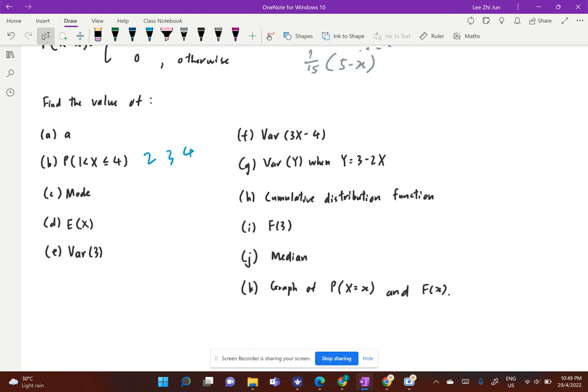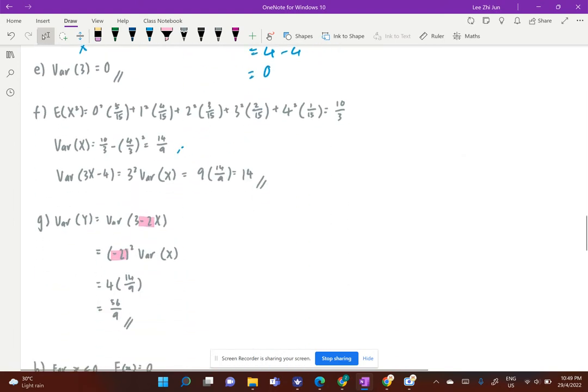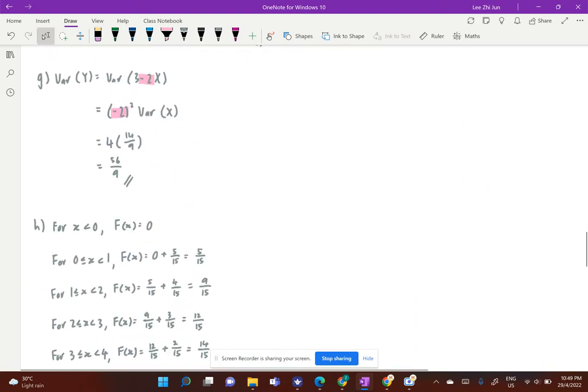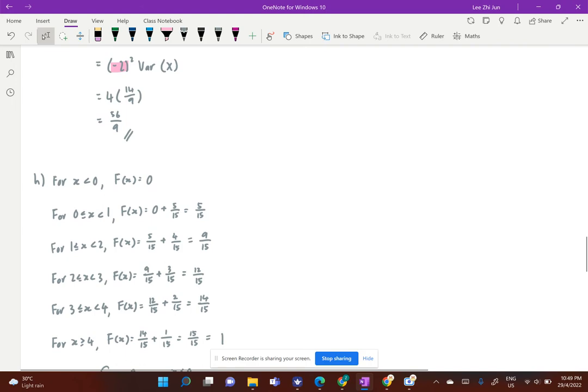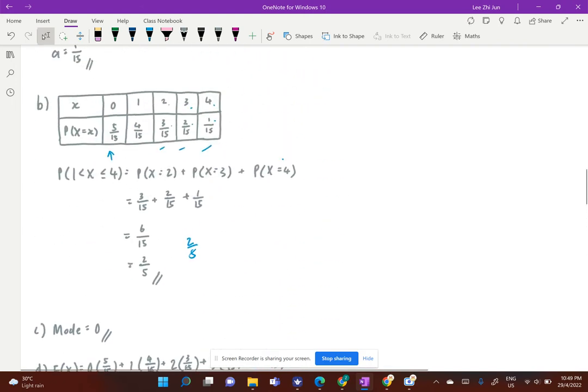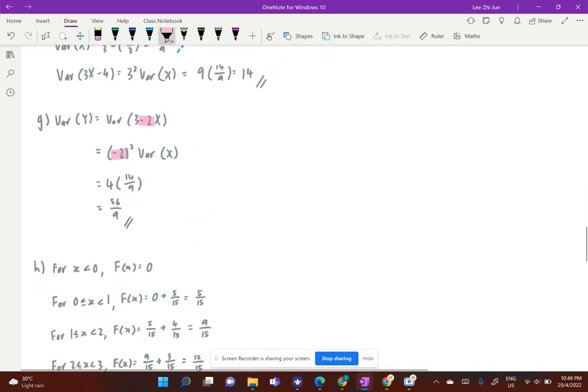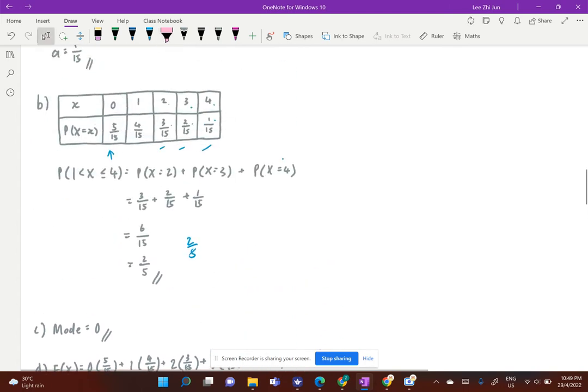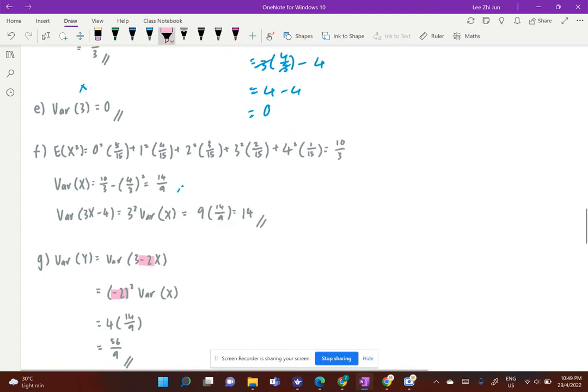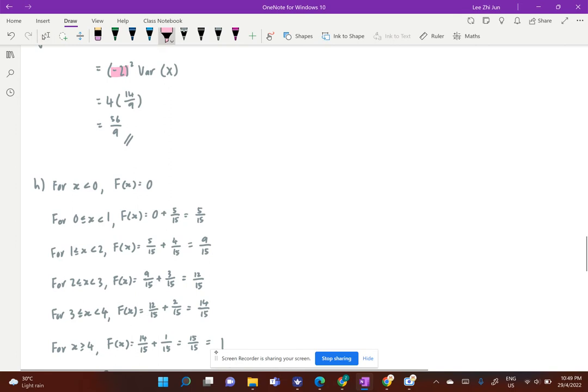So h, I want to construct the cumulative distribution function. So I write it like this. You can see 0, 1, 2, 3, 4. For the outcomes less than 0, the cumulative will be 0.